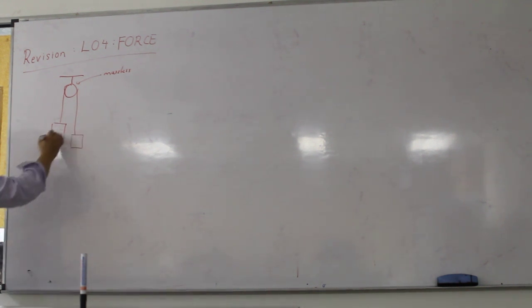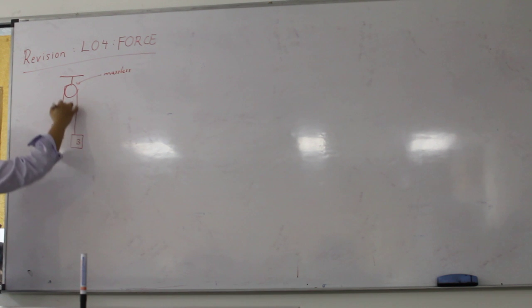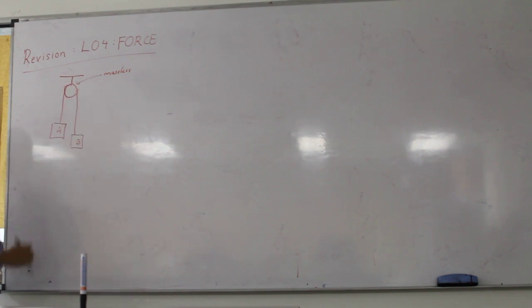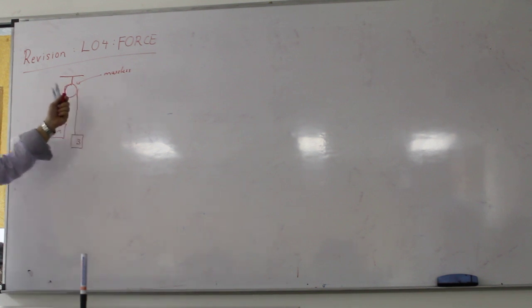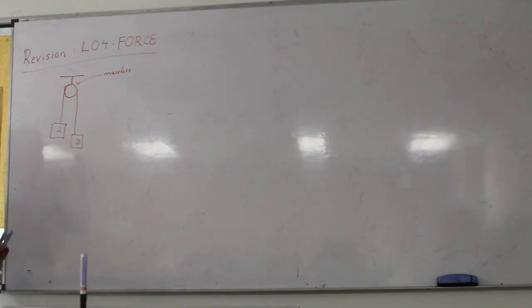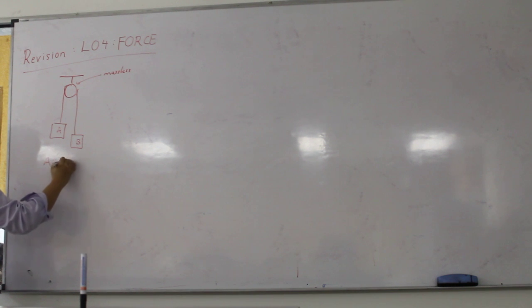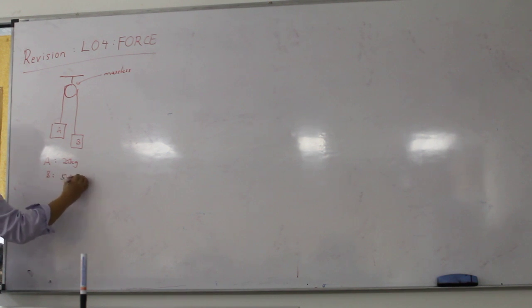Let's say object A and object B are hanging in such a way, and the string and also the pulley are both massless, which means we can ignore the effect of friction along the path here. So let's say A has a mass of 2.0 kg, and B has a mass of 5.0 kg.